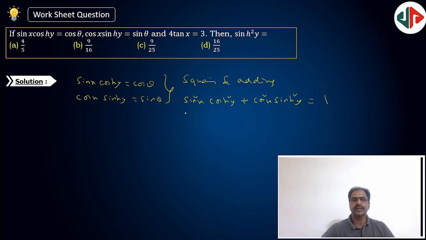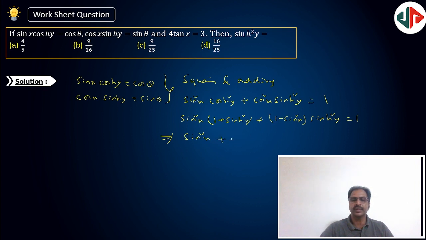Now we require sin h square y. So what I am doing is cos h square y can be written as 1 plus sin h square y from identity, and cos square x is 1 minus sin square x, into sin h square y is equal to 1. If we simplify this, sin square x into 1 plus sin square x into sin h square y minus sin square x into sin h square y gets cancelled.